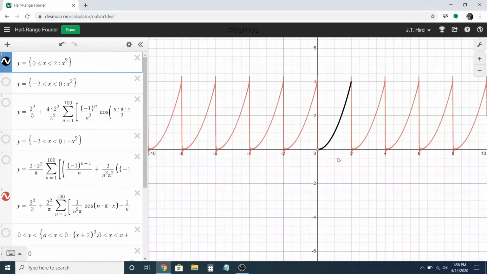Okay, so let's think about how we would actually calculate the Fourier series for this. One option is to say, I'm going to set p equals 2 and integrate from negative 2 to 2. And so then I would have to find a piecewise function where one piece is the x squared shape and one piece is whatever this shape is, which is probably y equals x squared shifted to the left.